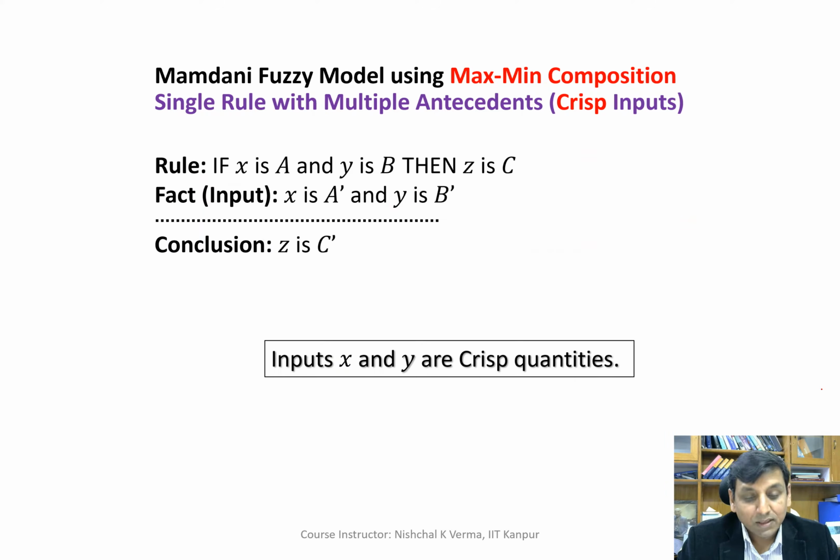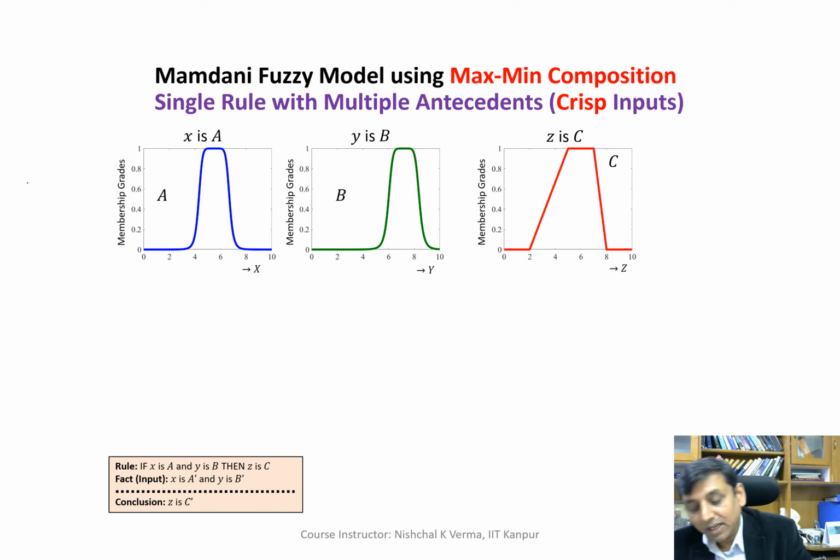Now, next, in the second scenario itself, instead of fuzzy inputs, let us take crisp inputs. Again on the same lines, we have the rule here, which is a single rule but with multiple antecedents.